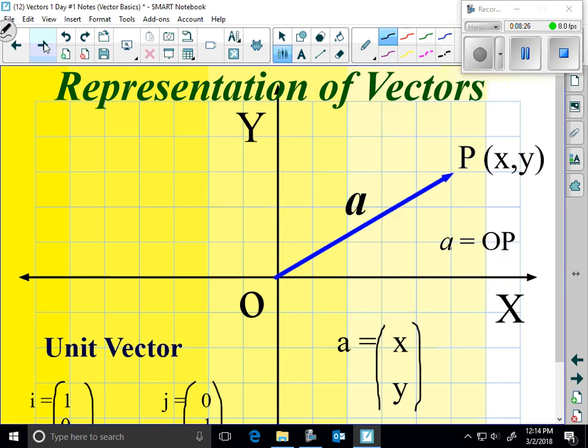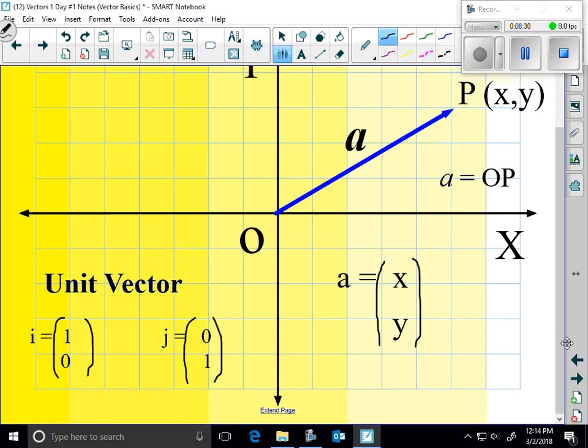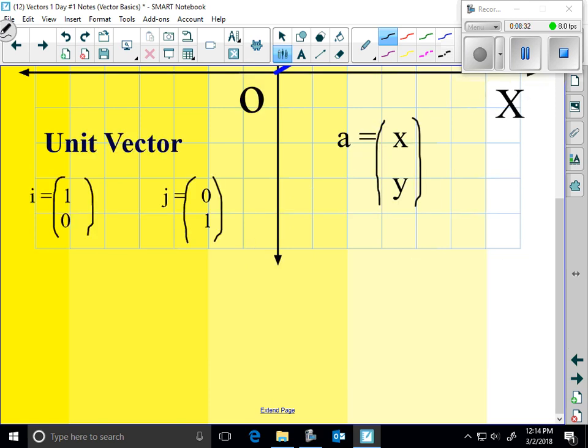Okay, now here are a couple of different examples of unit vectors. These are very simple unit vectors, but they don't always follow some simple pattern, right? If vector i is 1, 0, what does that mean? That means horizontal movement of 1 unit. Oh, well, that was really easy.